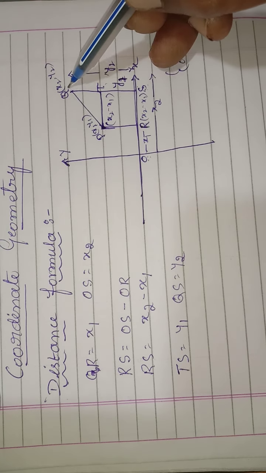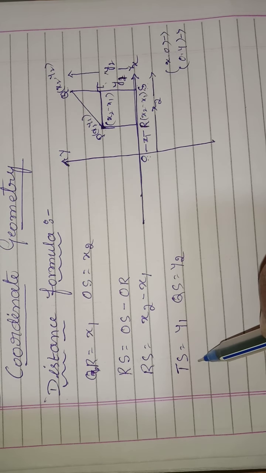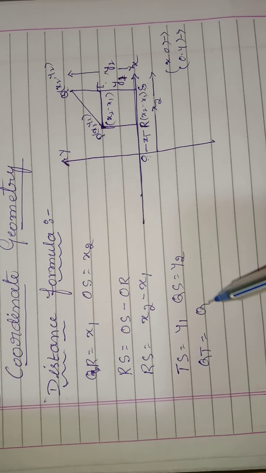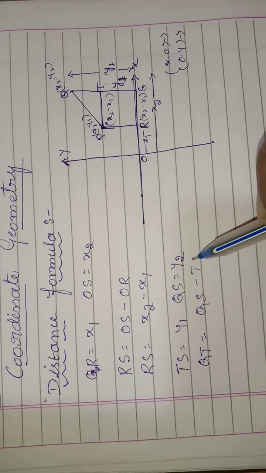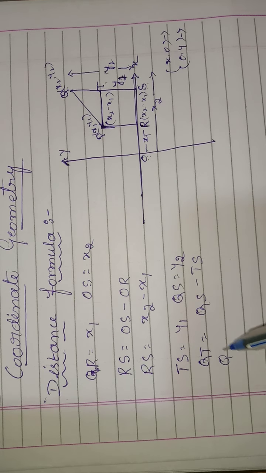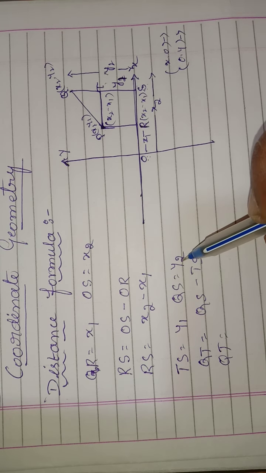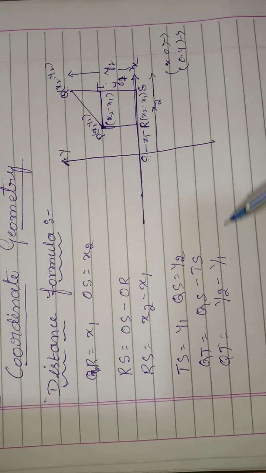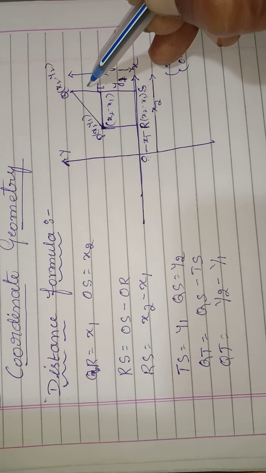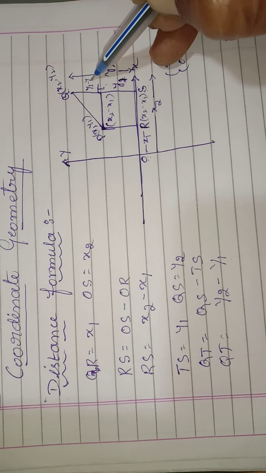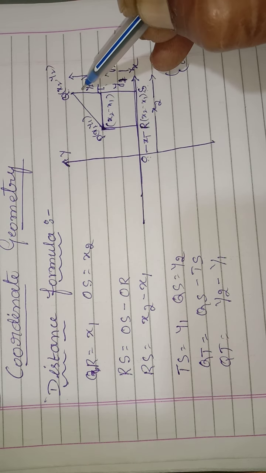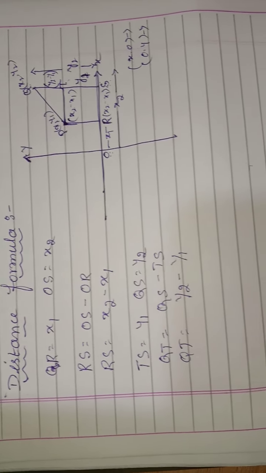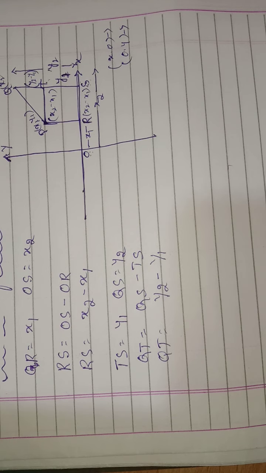So QT is equal to QS minus TS, which is y2 minus y1. So the distance QT is equal to y2 minus y1. Now by using the Pythagoras theorem.